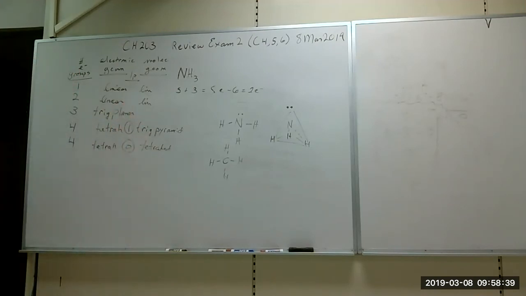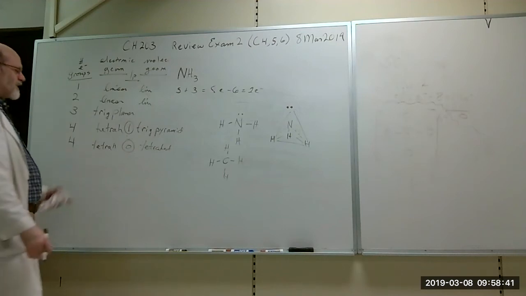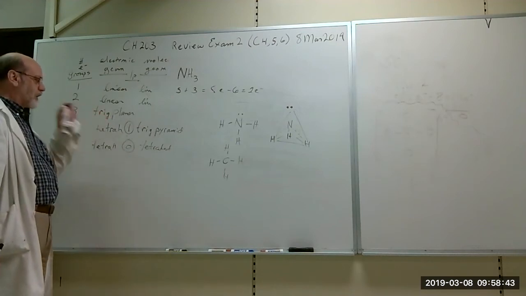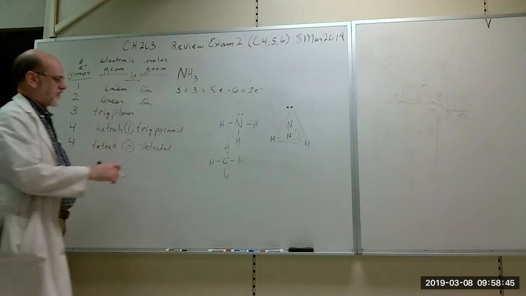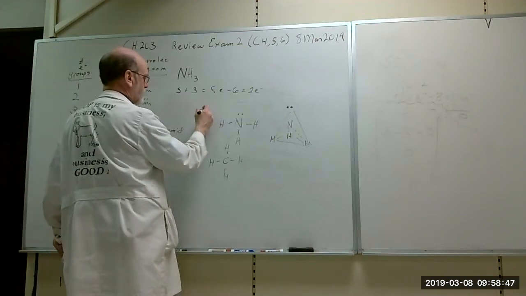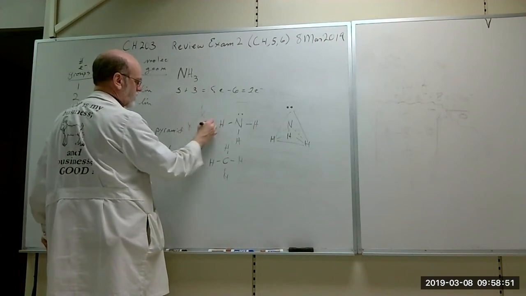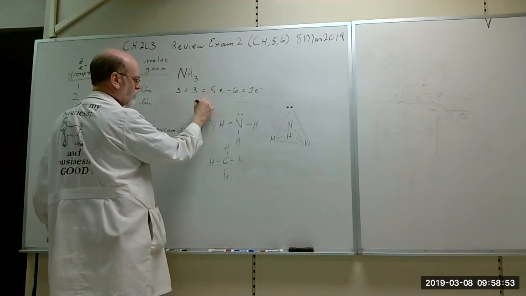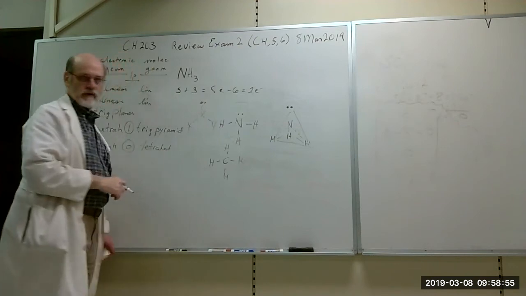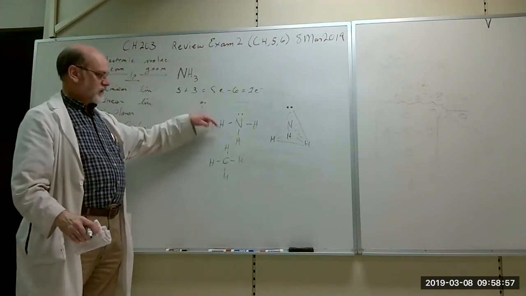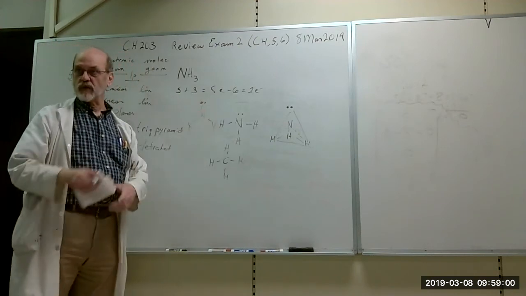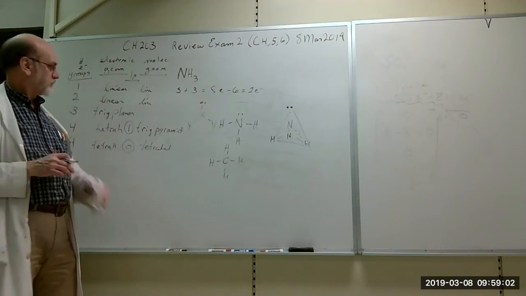Okay? Now, it depends on how many lone pairs you have as to whether some other influence. So if you have trigonal planar with, say, something out here, but you have a lone pair there, then what does that give you? That gives you an angular or bent molecule. Okay?